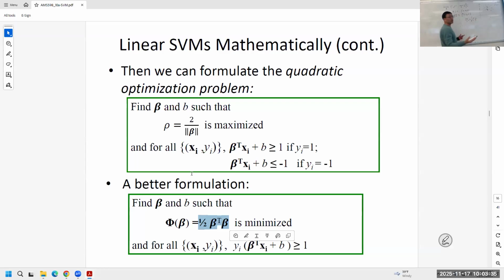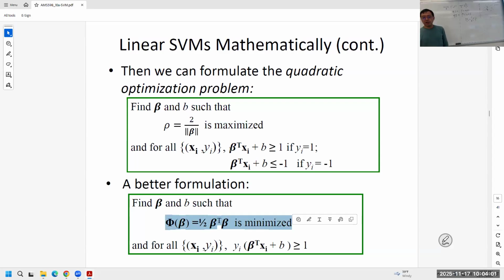So maximizing 2 over the norm is the same thing as minimizing beta transpose beta. I have this half in front of it just for mathematical convenience, you're going to see in a second. So the maximization problem is equal to this minimization problem down there.